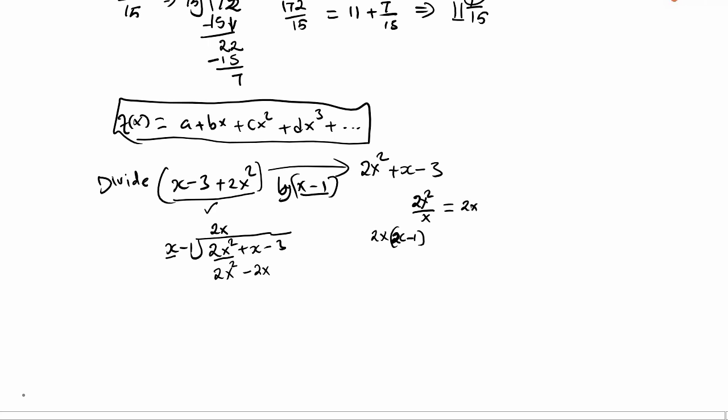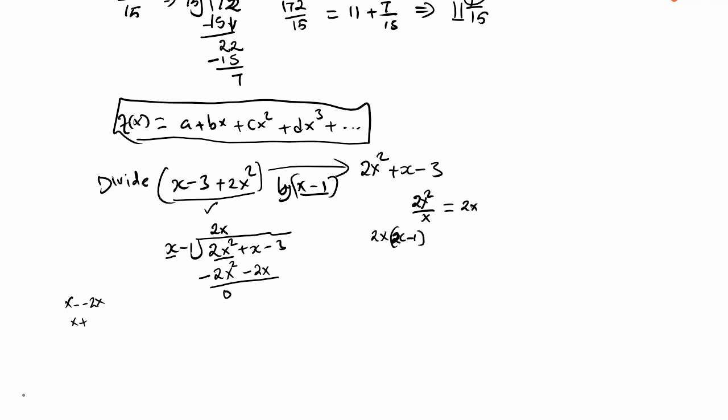So we are going to subtract this from that one, and if you subtract 2x squared minus 2x squared, you get a 0. And then we have here x subtract negative 2x. This one is the same as x add 2x, which will give us 3x. So we shall have a plus 3x. Then we drop negative 3 right there.